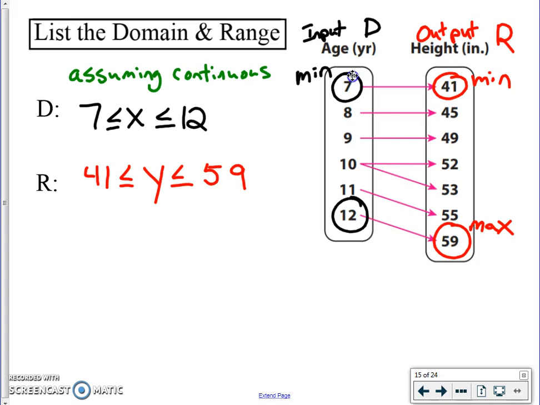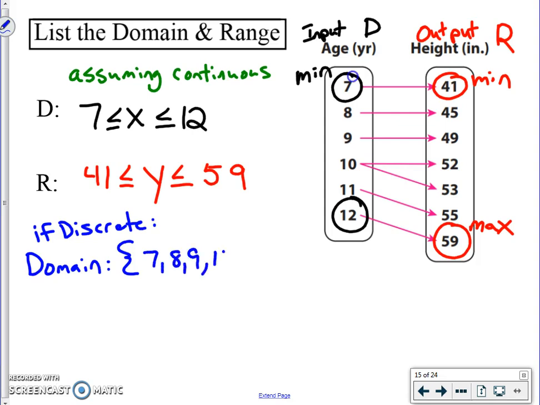If I were to assume discrete, my domain would have the brackets, and I would include every value for my domain, which would be 7, 8, 9, 10, 11, and 12.